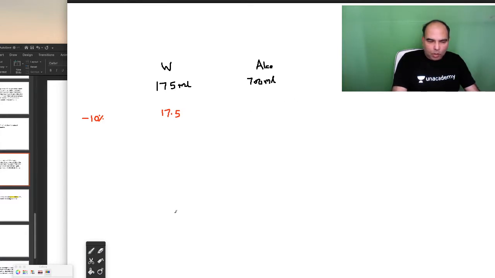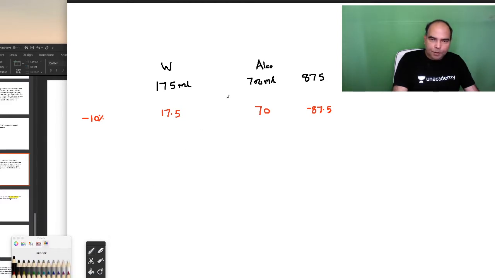The total amount in the mixture is essentially 875 ml. So when somebody takes out 10% of the mixture, he would take out 87.5, and of that 87.5, 70 will be alcohol, and the remaining 17.5 would be water.